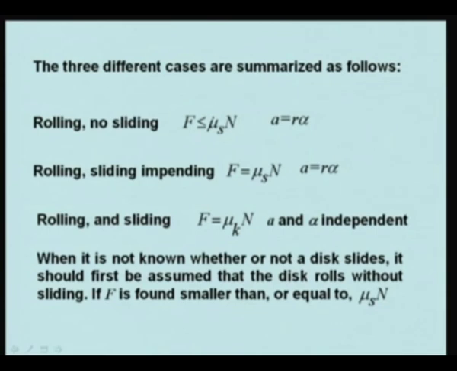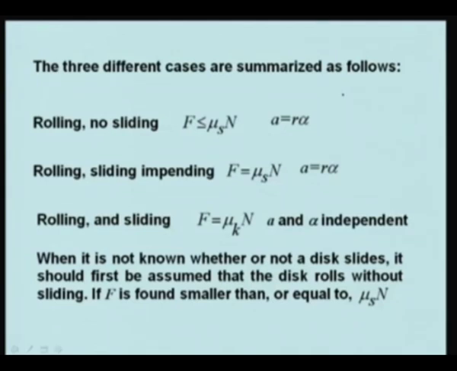And then you have one relation for geometry, that is A is equal to r times alpha, where r is the radius and alpha is the angular acceleration. Then you can have another situation where pure rolling is taking place, but sliding is impending, that means sliding is about to begin.